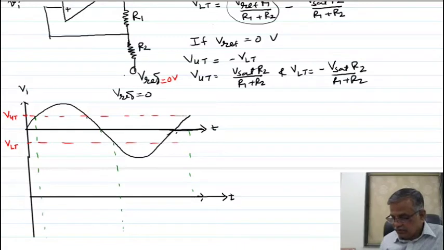When V reference is 0 in a comparator circuit, then VUT is equal to minus VLT.